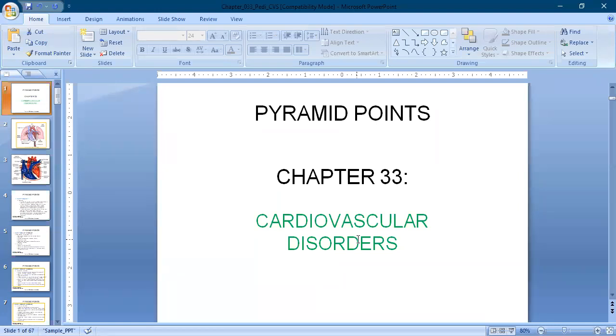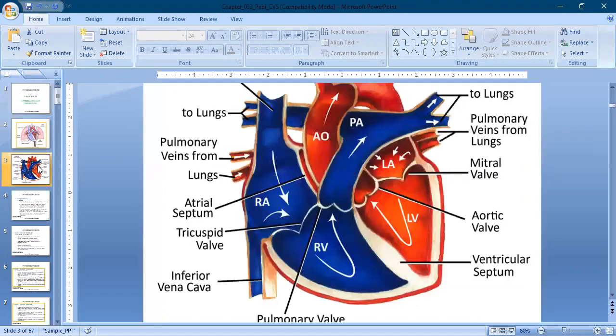So in this PowerPoint, we also will find out what are the key points we need to know for the NCLEX board exam. Okay. So if you really want to know the pathology of heart disease, first of all, we have to know the normal anatomy of the heart.